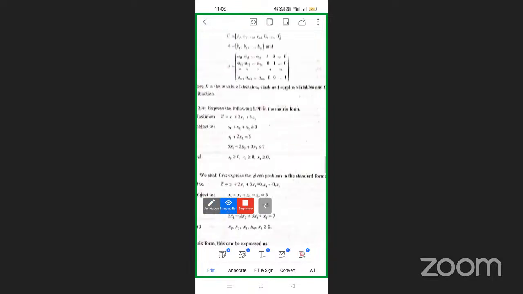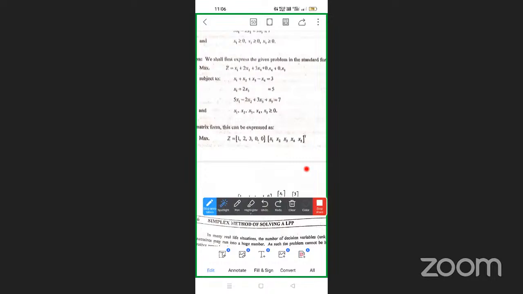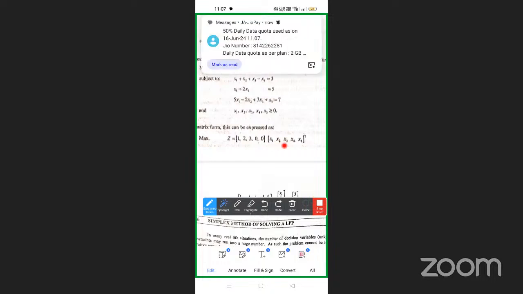Here the objective function, maximum of z, is equal to the coefficients of x1, x2, x3, and these are the adding variables x4, x5 with zero coefficients: 1, 2, 3, 0, 0 into x1, x2, x3, x4, x5.